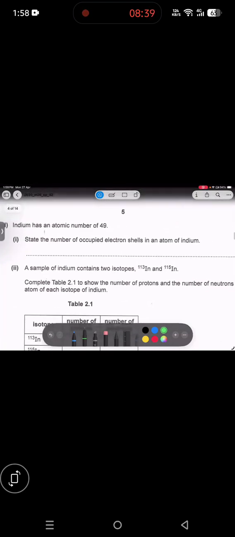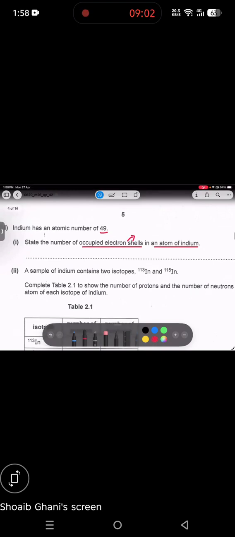Now, indium. The next element is indium, with an atomic number of 49. For 49, state the number of occupied electron shells. We have to check the occupied electron shells in an atom of indium. To check the number of occupied electron shells, what do we have to check?